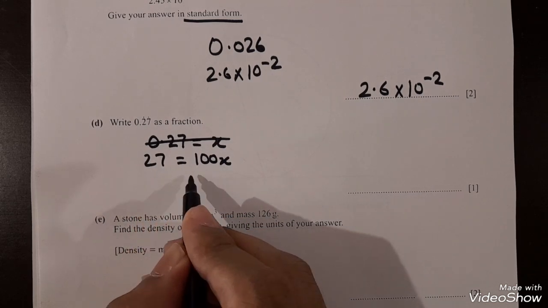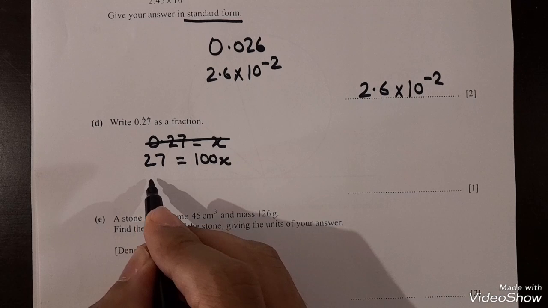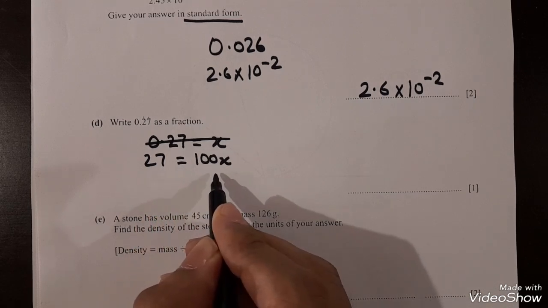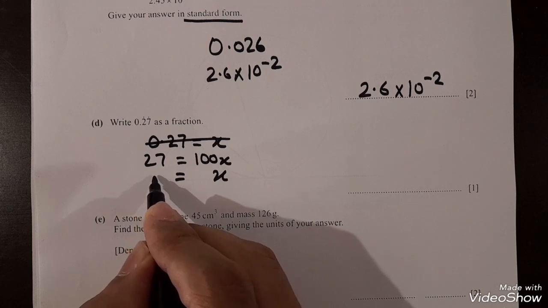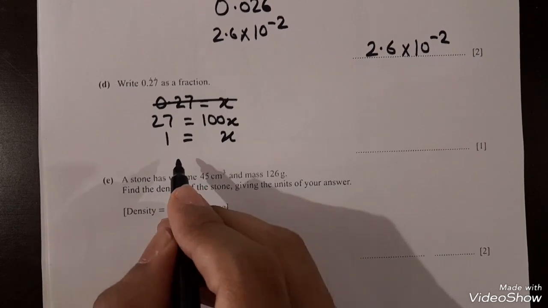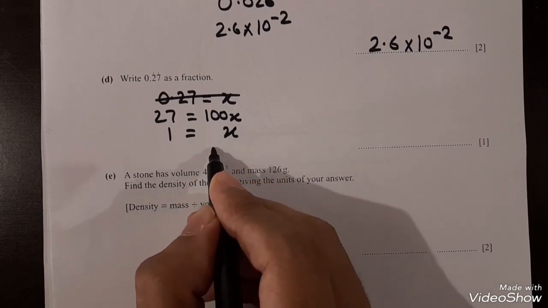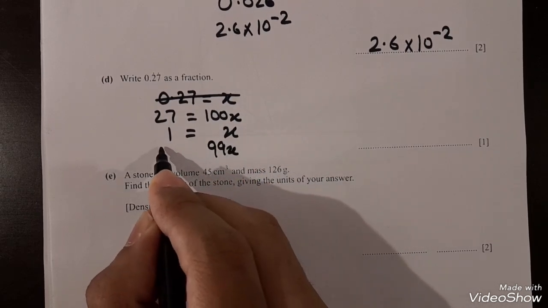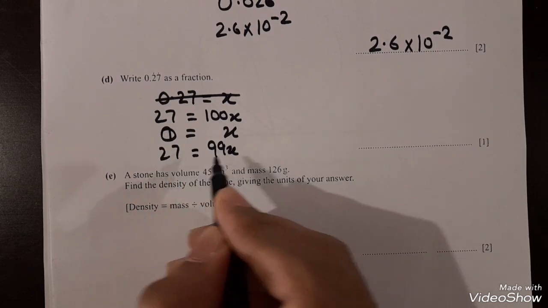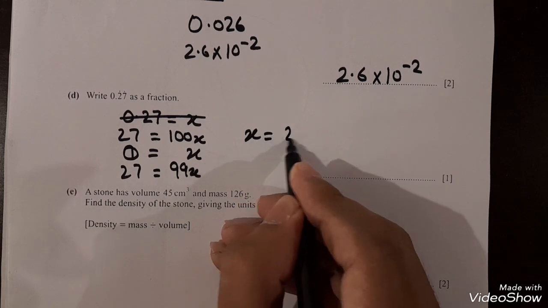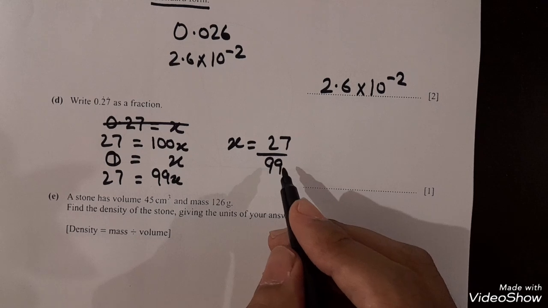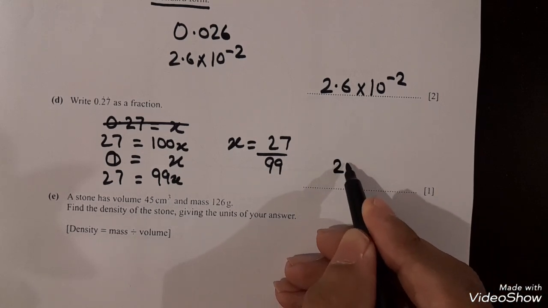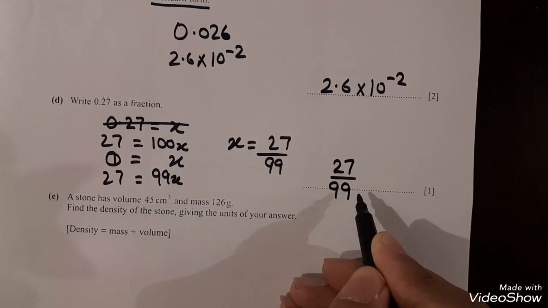And then for 99 we will write x is equal to 1. So what we will do is 100x minus x is 99x, and this is 0. So 27 minus 0 is 27. Then we will write x is equal to 27 divided by 99. So this is how the answer for D is 27 over 99.